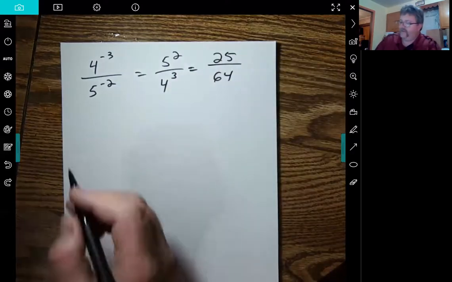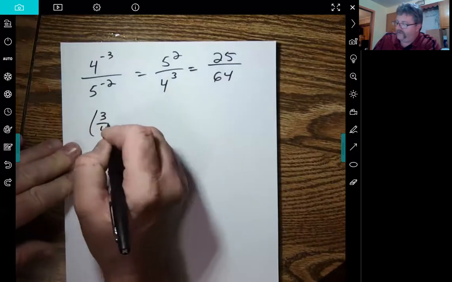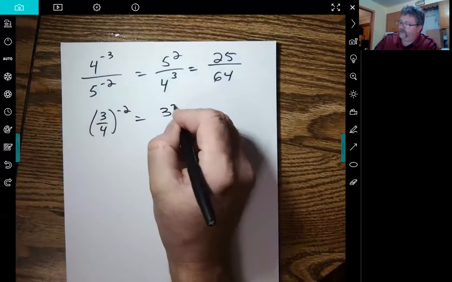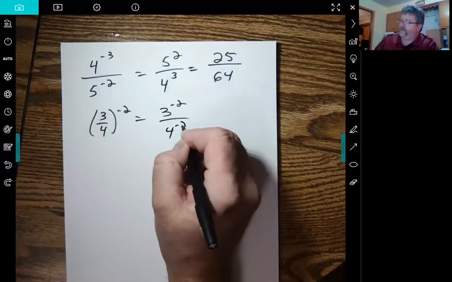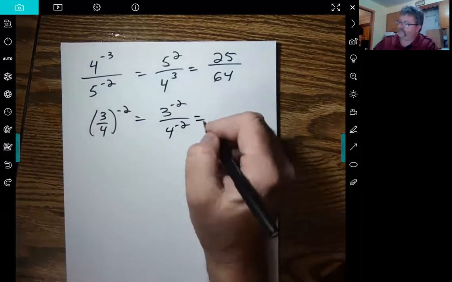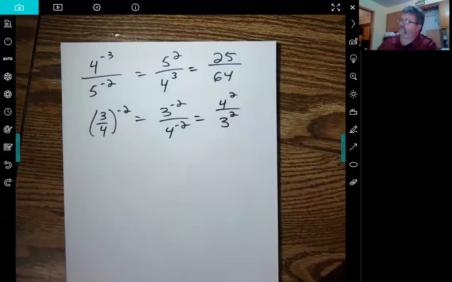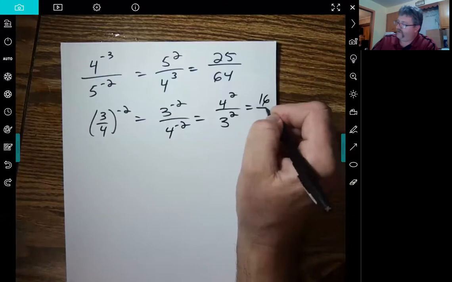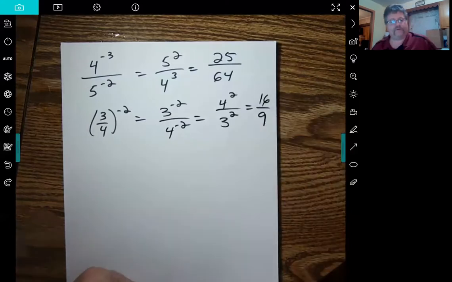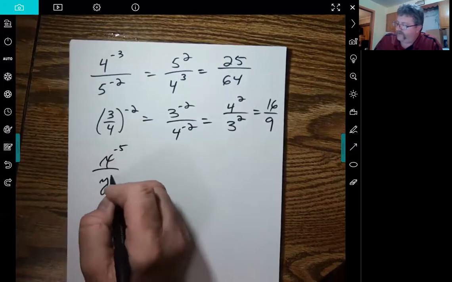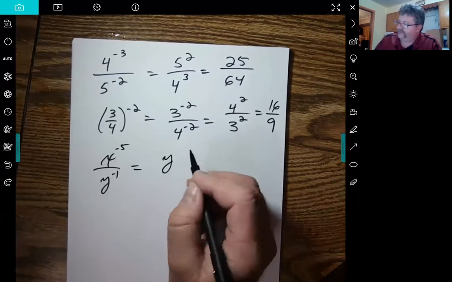Okay. If I have something in parentheses raised to a negative exponent, that's okay. It's just 3 to the negative 2 over 4 to the negative 2, which means it's really 4 to the positive 2 on the top, 3 to the positive 2 on the bottom, or 16 over 9. Okay. X to the negative 5th over y to the negative 1. Y moves.